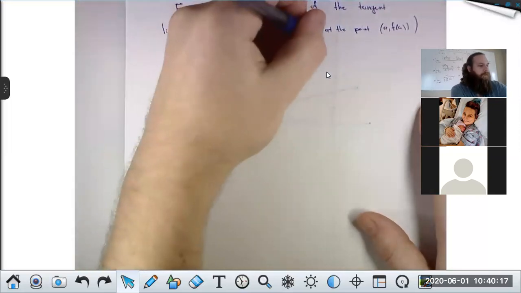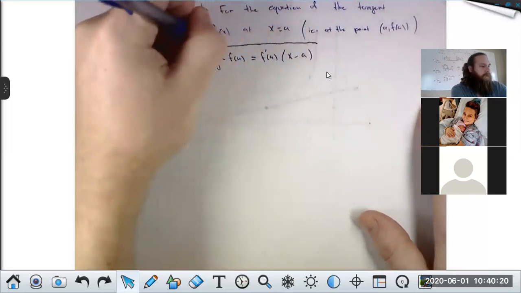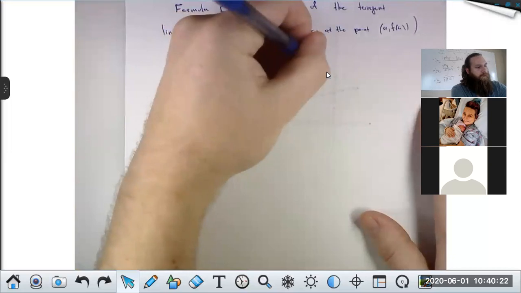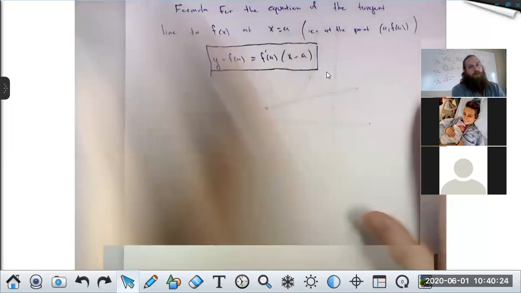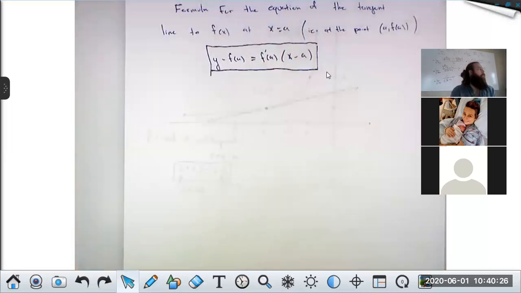So here's another formula that I would consider holding on to if I were you. It's the point slope form with the specifics plugged in for a tangent line.